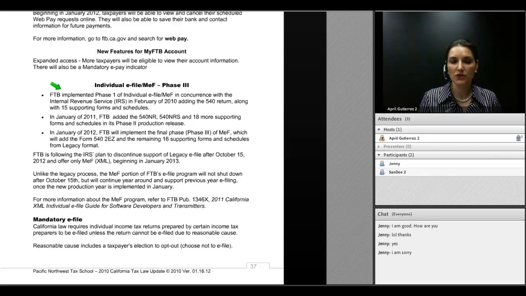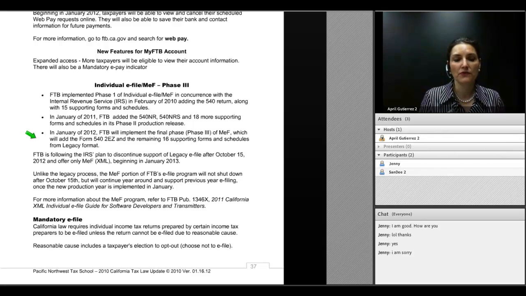On to individual e-file or modernized e-file. California has now entered phase 3 of its implementation of MEF, M-E-F. And what that means is that California is going to be retiring its old legacy system of e-file after October 15, 2012. And beginning in 2013, it will only allow for modernized e-file.